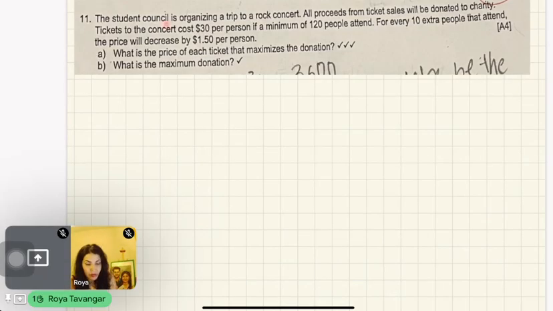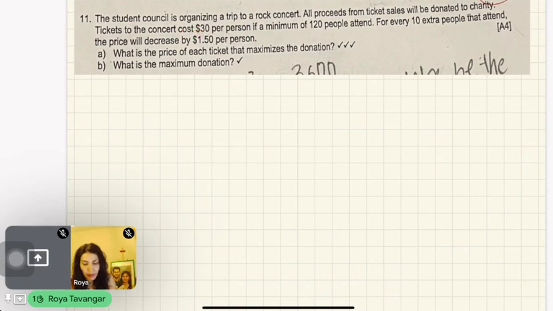A student council is organizing a trip to a rock concert. All proceeds from ticket sales will be donated to charity. The ticket to the concert costs $30 per person.